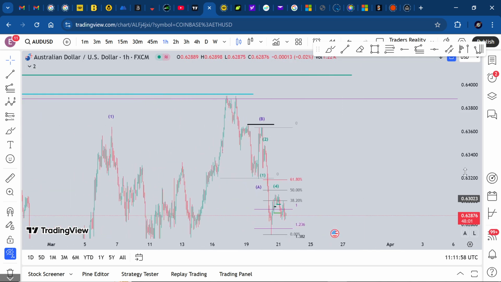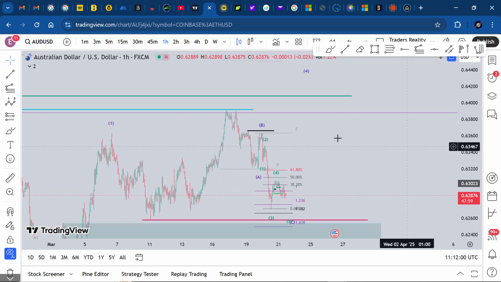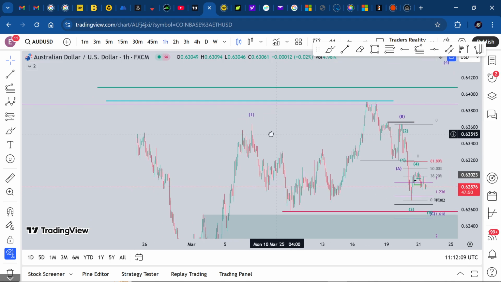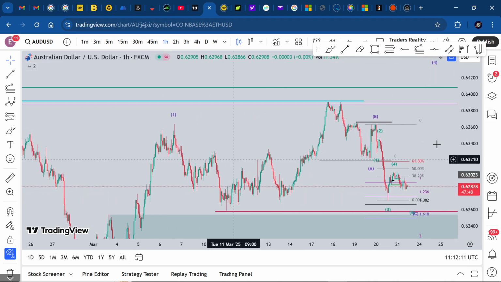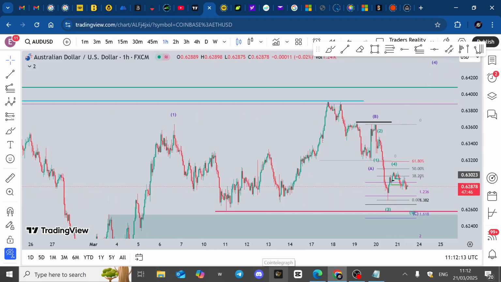So yeah, Fridays like to trap people on both sides, and sometimes they just run for profit. But Friday is much more commonly known to trap traders for the week, at the end of the week until next week, basically.